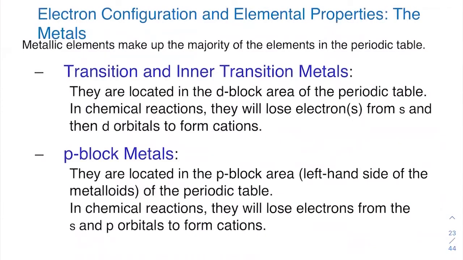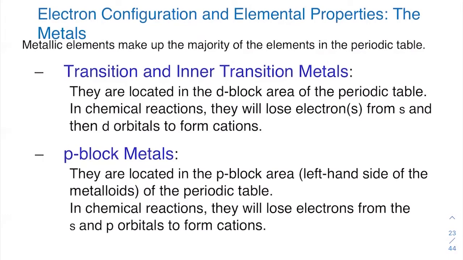Transition metals and inner transition metals are located in what we call the d block. They have valence electrons that are s's, and they also have d electrons. Now, d electrons are not technically counted as valence, but they can react.